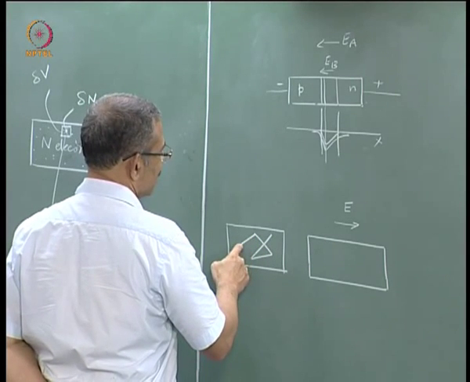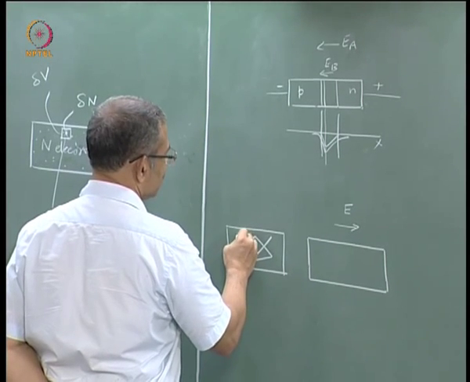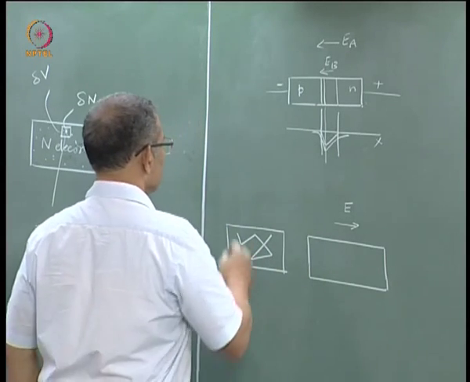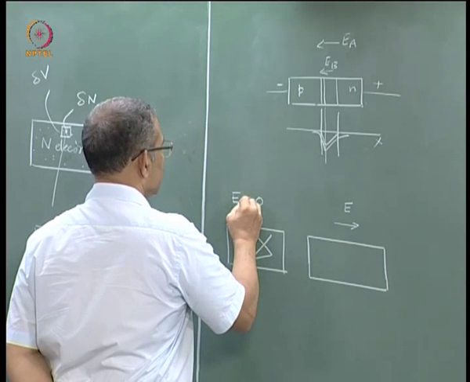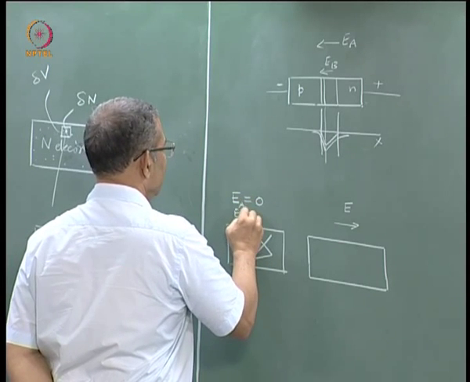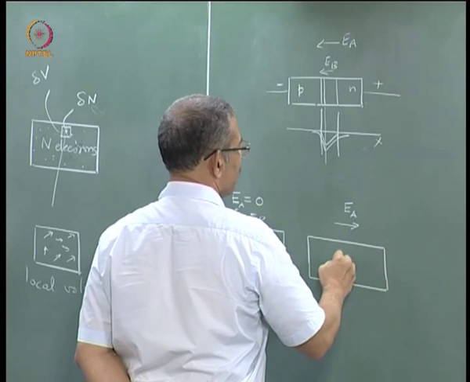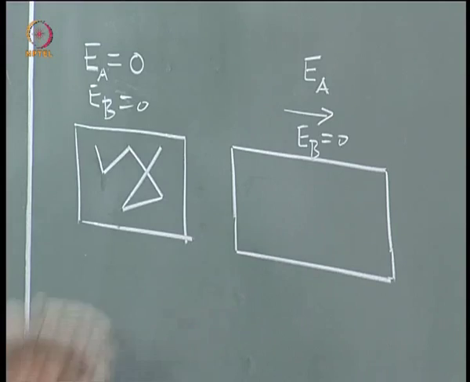As I follow an electron between two collisions, say between this point and this point, its position changes linearly. Here is equilibrium and E is equal to 0, so both EA is 0 and EB is 0 because the semiconductor is uniform. Here EA is non-zero, but EB is 0 because this is a uniform semiconductor. So the effect of EA is what we are trying to analyze.